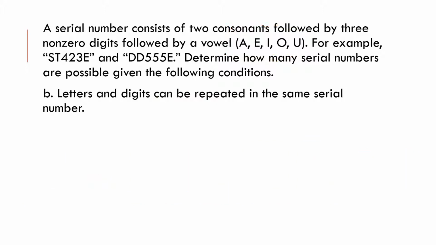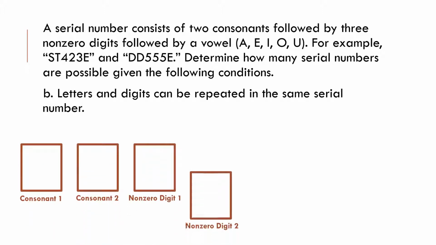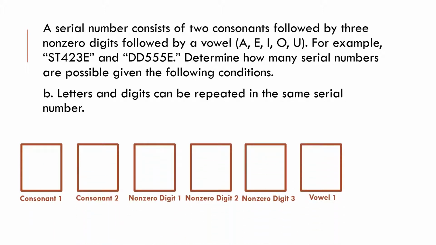Part B is very similar, so I'm going to go through it quickly, but this is where we can repeat digits and letters. Just like before, I'm going to start by drawing all of my boxes. For my first consonant, there are 26 letters in the alphabet and 5 of them are vowels, so there are 21 options.